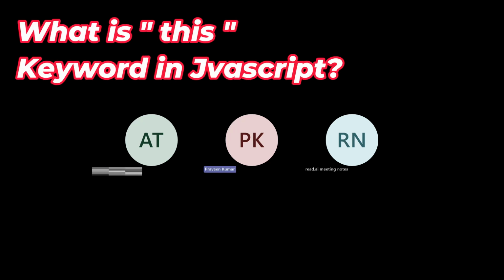Okay, so the this keyword is mainly used to define an object reference. Like, I am defining an object. There is first name, last name, address, and there is a method greet. In the greet method, I want to use that first name.